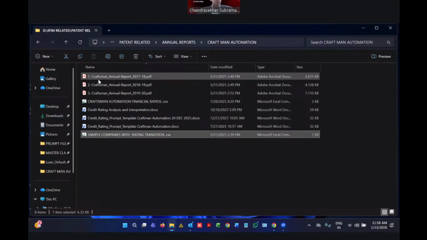Now in these annual reports, there are different sections. One section is the CEO's outlook. The second section we have extracted is management discussion and analysis, what we call the MD&A. The third one is the auditor's report. From these annual reports we did not take the financial ratios. We took them from Prowess and then worked them out on our own as per the rating agency, because we don't know what is put here.